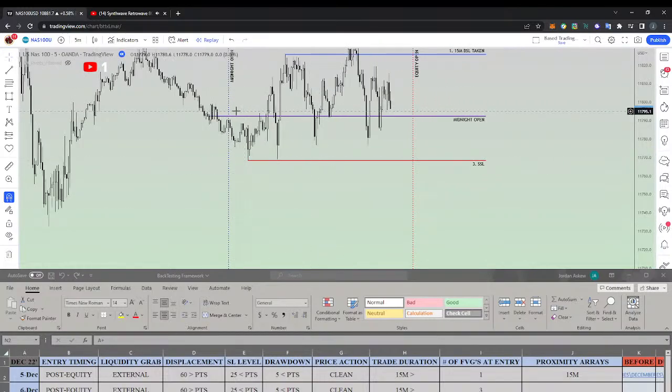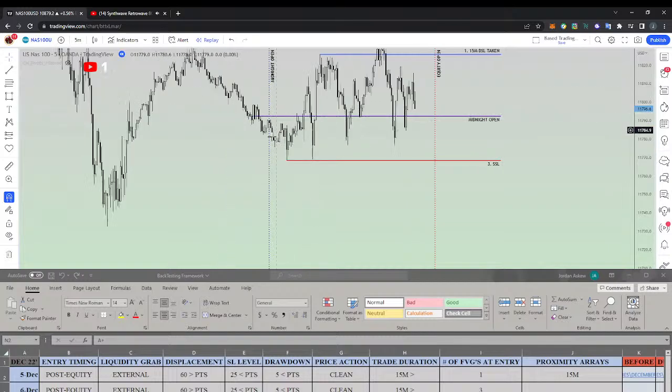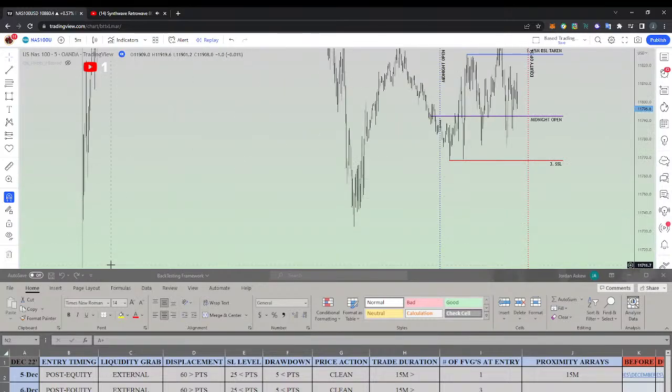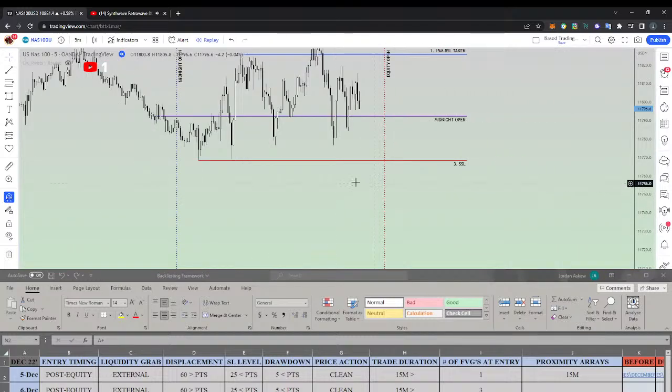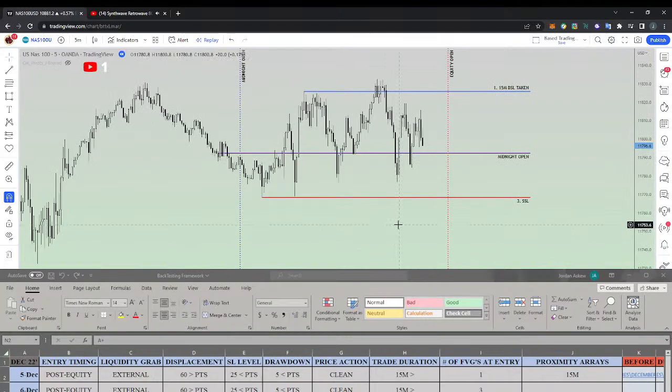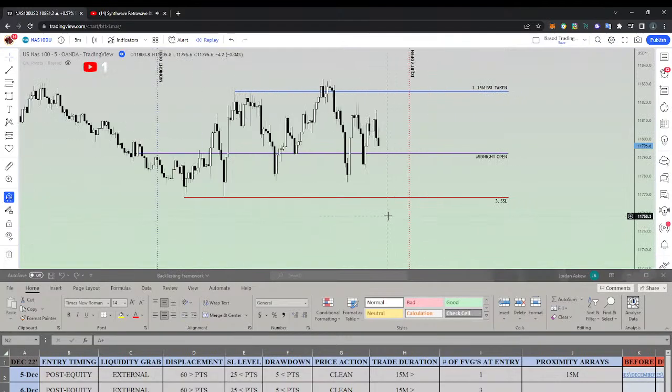If we were to use the Asian range and the CBDR and the flout zones to do projections, I'm almost positive that one of those levels or all of those levels would correlate somewhere down here or down here, which gives us a target. And we'll get into that later on subsequent streams.